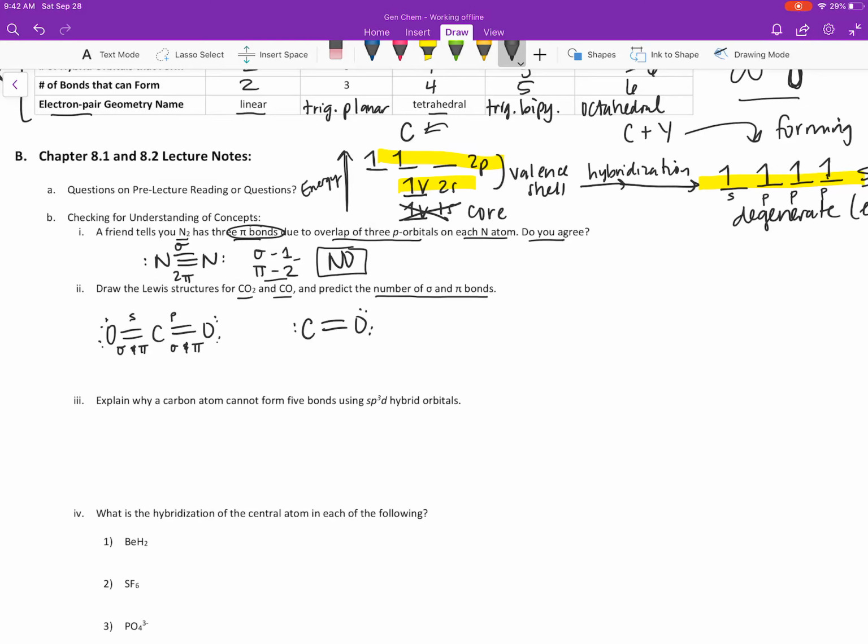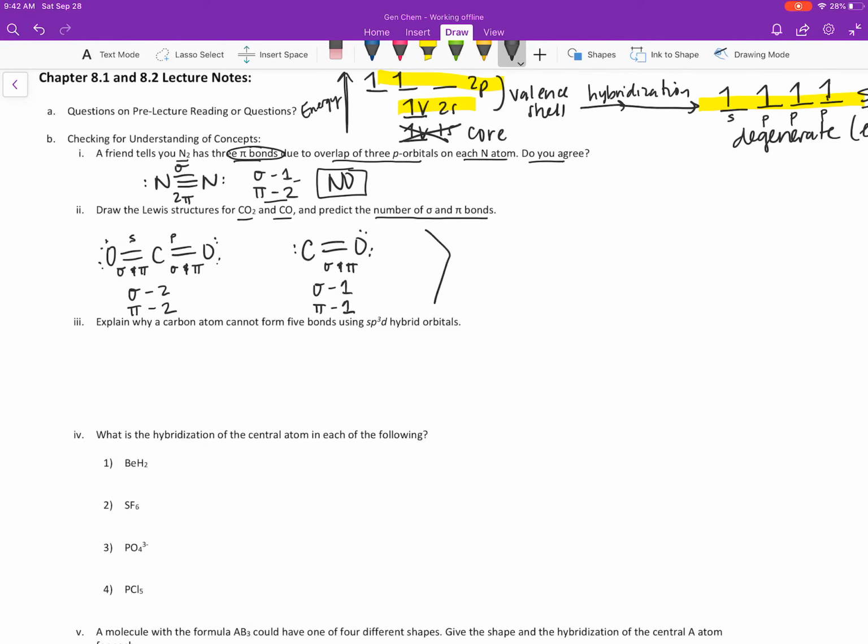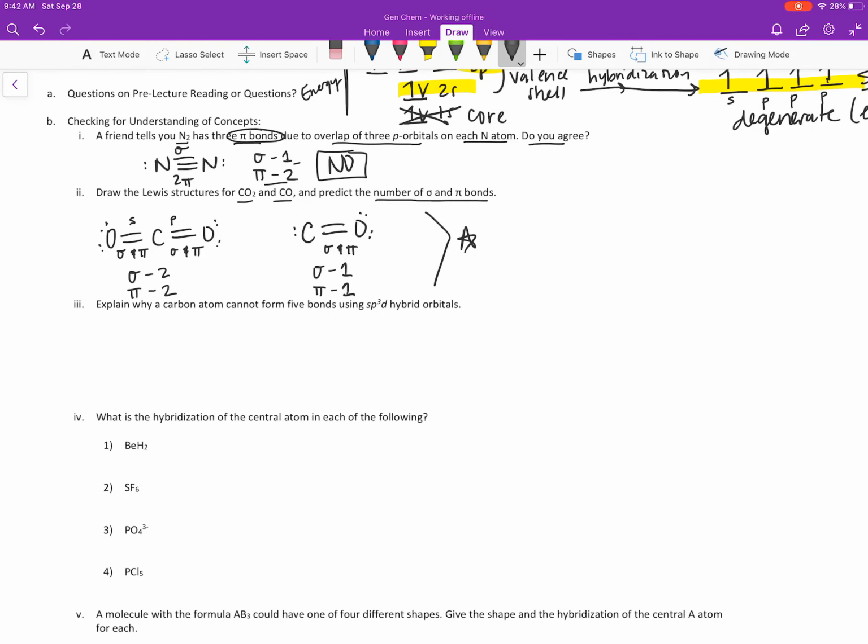That's my double bond rule we'd set up above, meaning the carbon dioxide is 2 sigma and 2 pi. And then my carbon monoxide only has the 1 double bond, therefore it's 1 sigma and 1 pi. We're going to have very similar questions on the test, except I'll show you what the format of the test will look like when we get to the bottom.